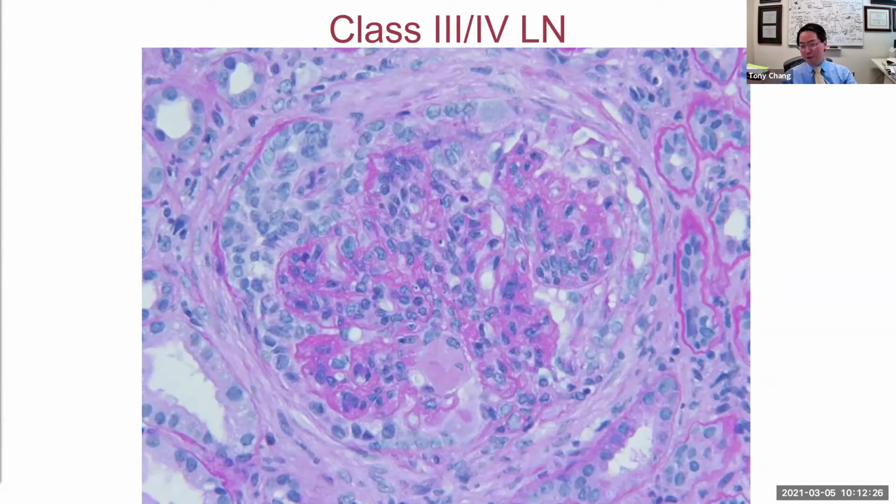But if you only had 24 glomeruli with active lesions, that's class 3. And so this is why the latest revision of the lupus nephritis classification is recommending the use of the activity and chronicity indices to allow you to convey more of those details that just lumping things into class 3 or class 4 lupus can't provide.